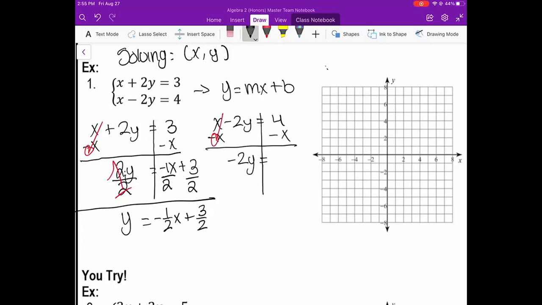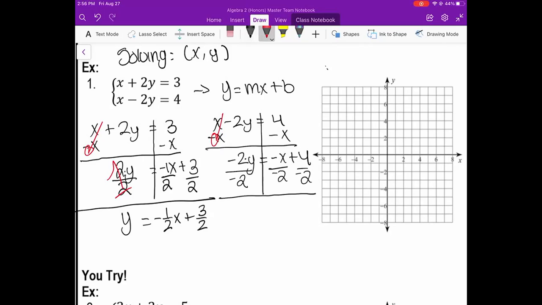So I'm just going to rewrite them by writing the x first. Last step, I'm going to divide. What is the opposite of multiplying by negative 2? That would be dividing by negative 2. So I'm going to divide everything by negative 2. I'm going to draw my line and let's do the math.